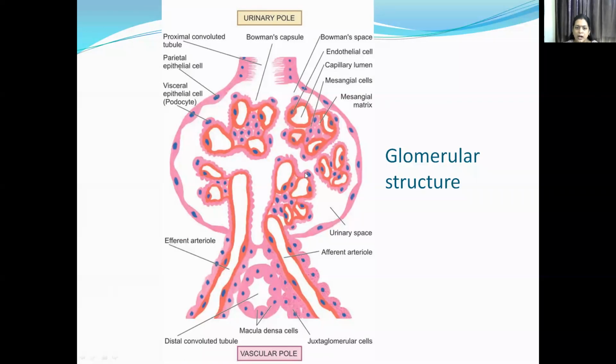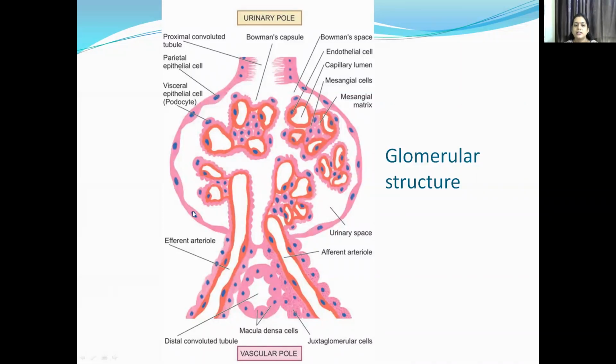And then here you are seeing these things are the visceral epithelial layer. These are the mesangial cells which are holding these capillaries together. This is the mesangial matrix in between the mesangial cells. And this is the parietal epithelial cell.